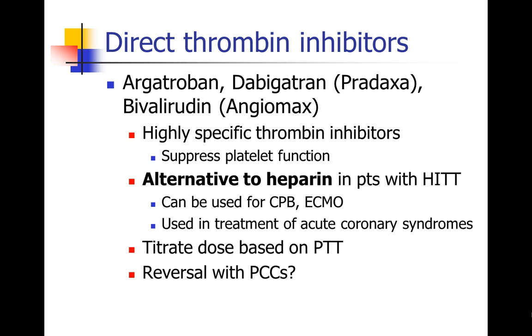Usually these drugs are administered and then the PTT is measured and dose is titrated based on that. If the drugs need to be reversed, there isn't a lot of data for reversal of any of the drugs we're about to talk about, but prothrombin complex concentrates seem to be your best choice.